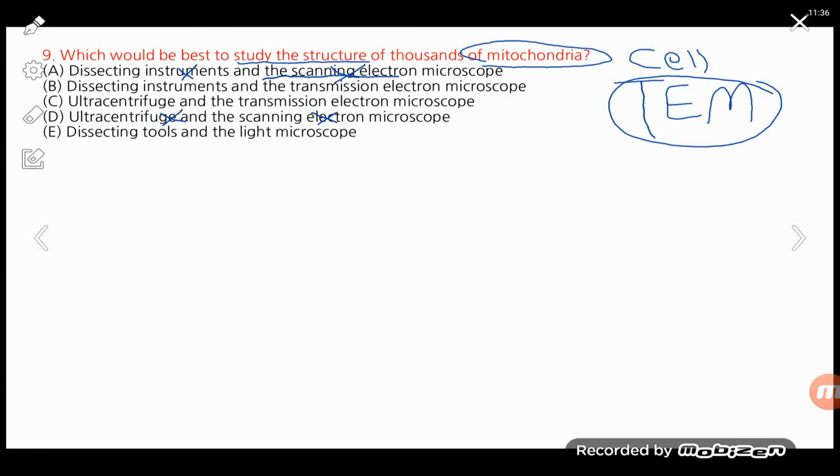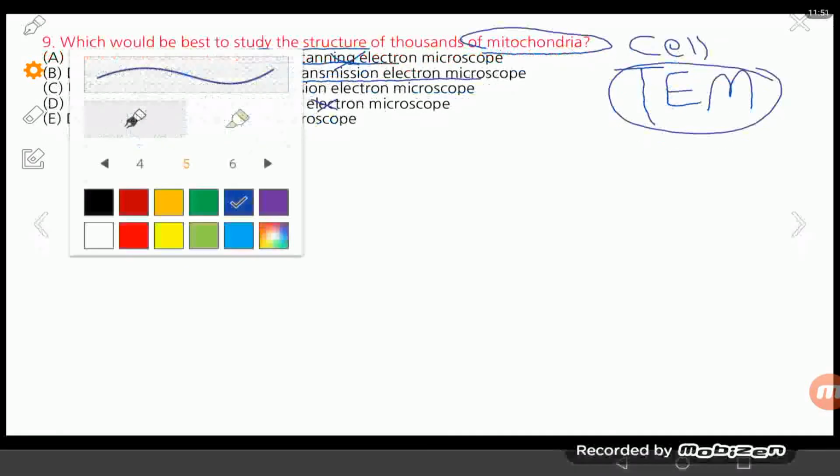Dissecting tools and light microscope. Light microscope doesn't have such ability to magnify the mitochondria. So the only thing that we can use is transmission electron microscope. Okay, let me change the color in order to be identified. Transmission electron microscope, but by dissecting instrument or ultracentrifuge?